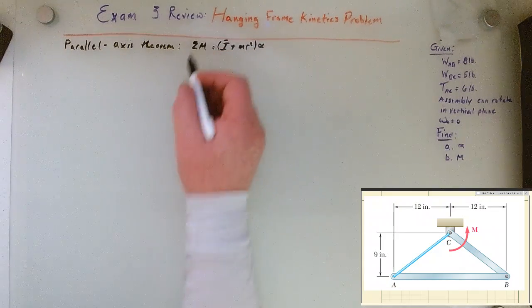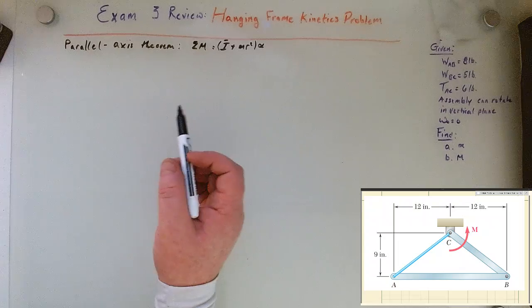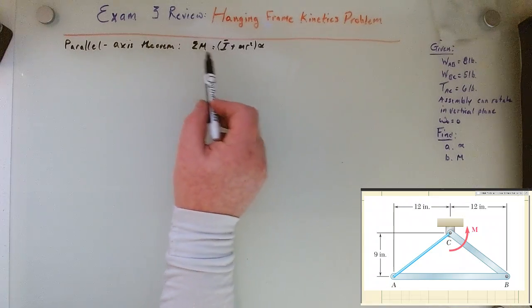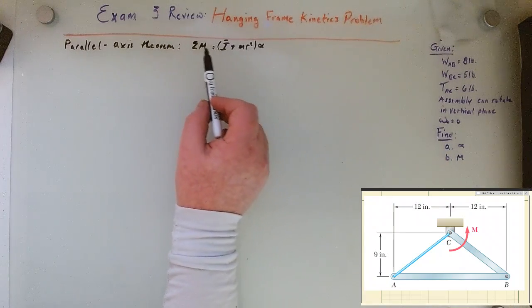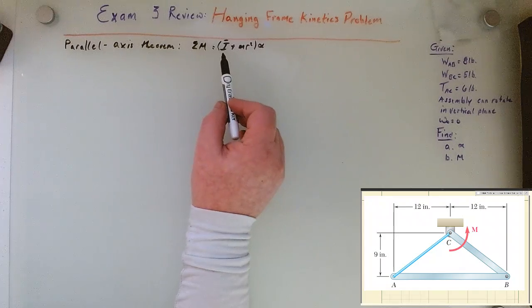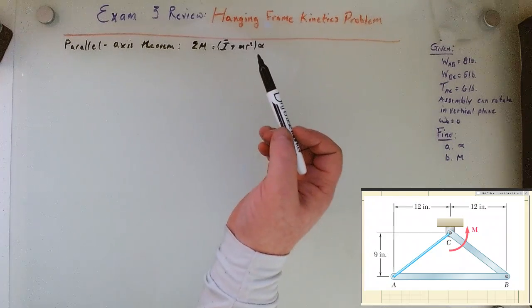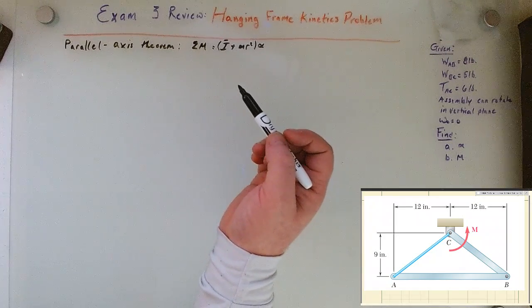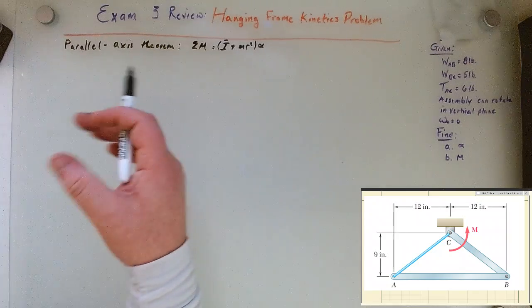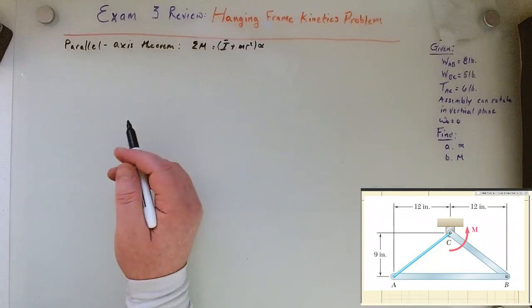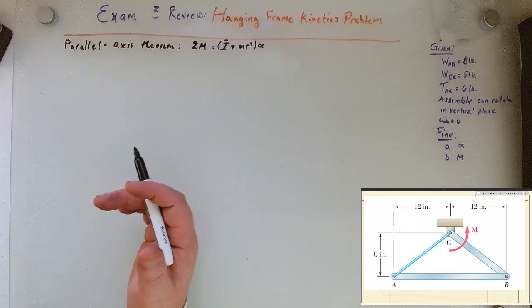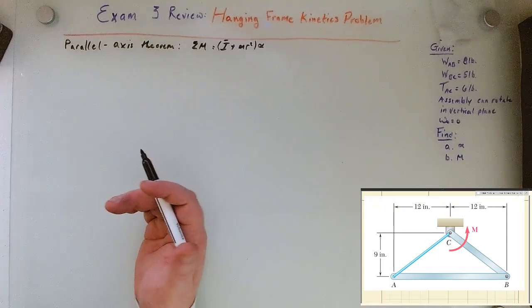And we can get around this if we can make our point of rotation coincident with our point of analysis, right? So if we are in a constrained plane, then we can get around that.